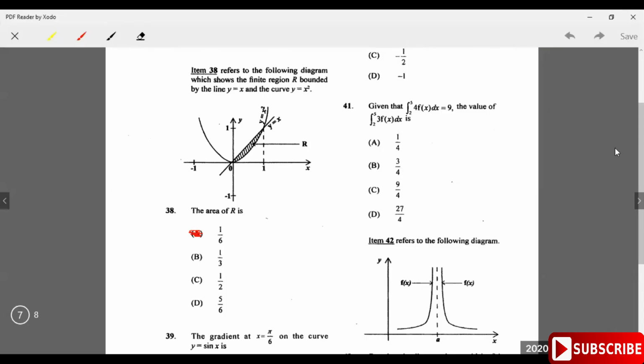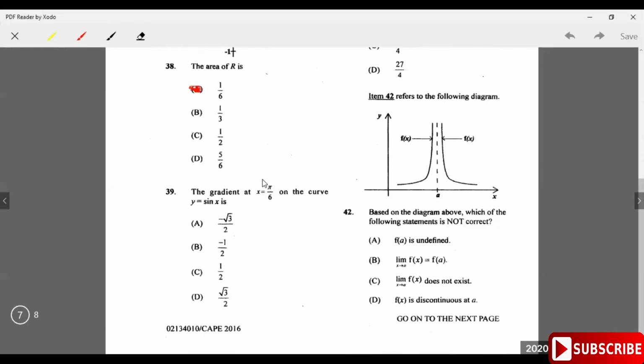Question 39 now. Question 39 asks for the gradient at the point x equal pi by 6 on the curve y equals sine x. If y is equal to the sine of x, then dy by dx, when you differentiate sine x, is equal to cosine x, and then the cosine of pi by 6 is what we want.